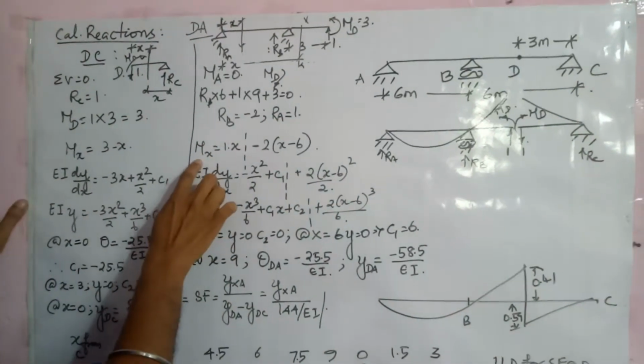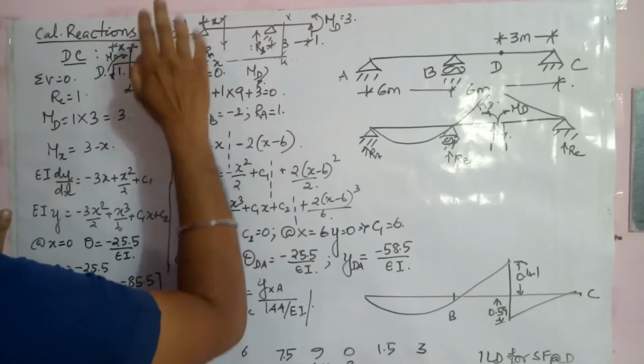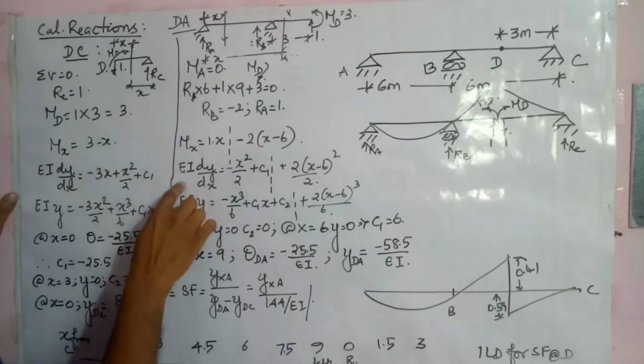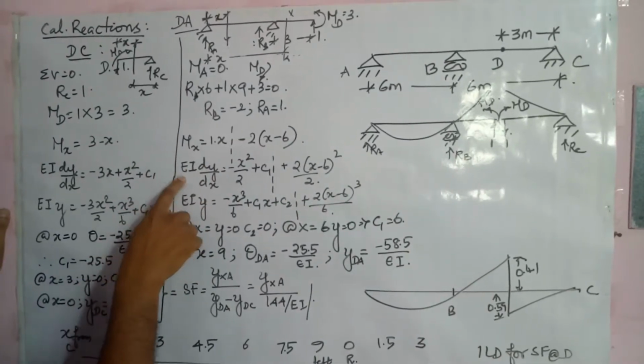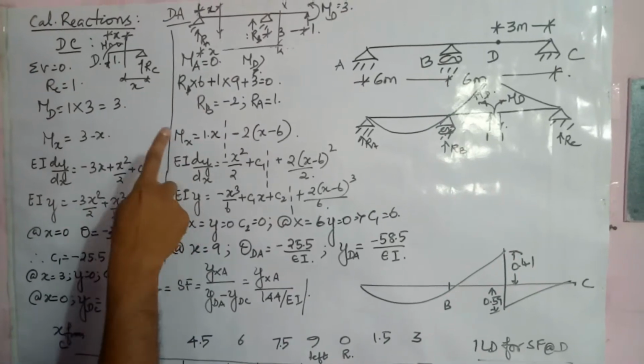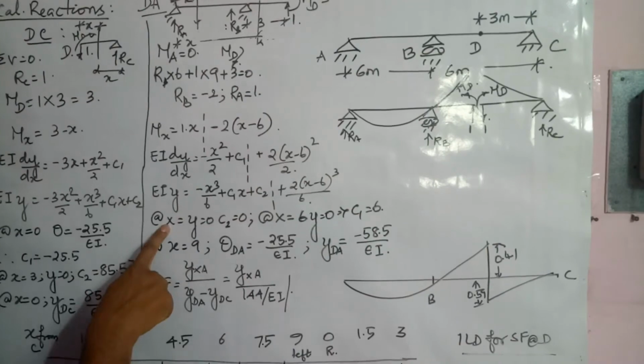So that's it. We are calculating a moment at X, taking the section X from here. So I am calculating the moment 1 into X, and for here 2 into X minus X, and integrating it, applying the Macaulay method. I have integrated and found the slope equation, and also calculated the deflection equation, and substituted the boundary conditions.